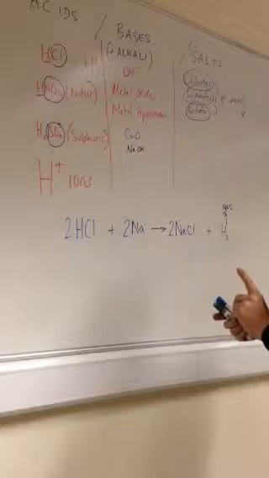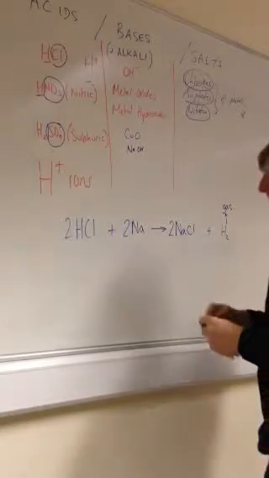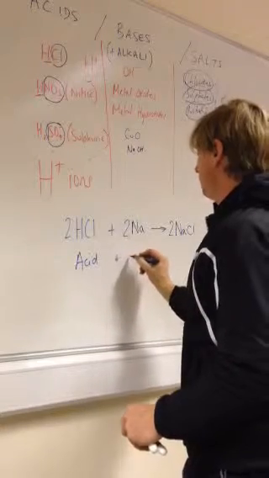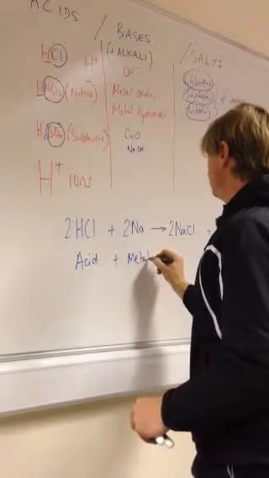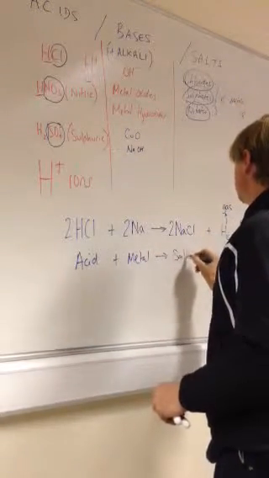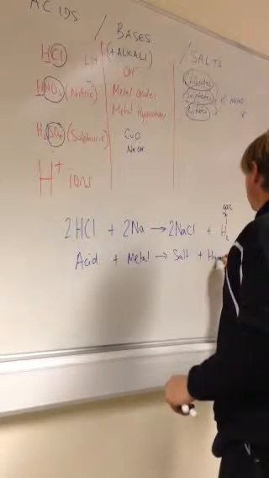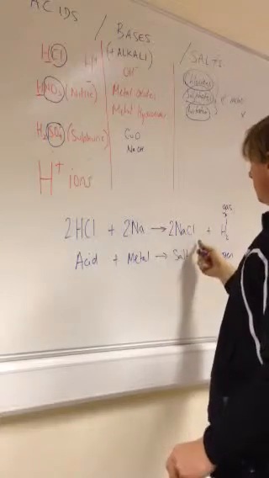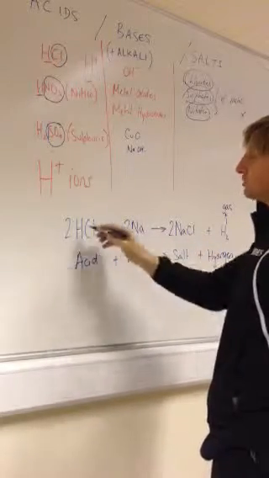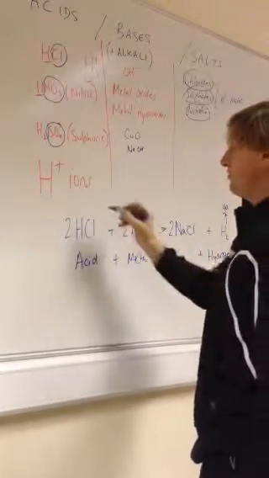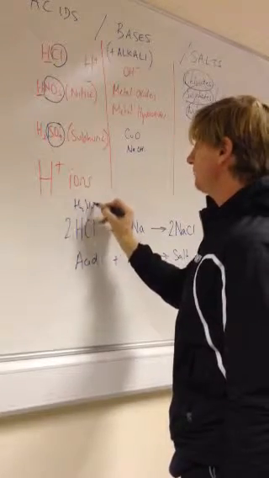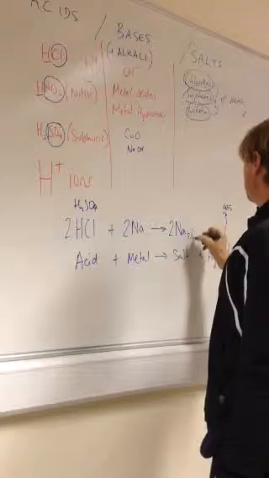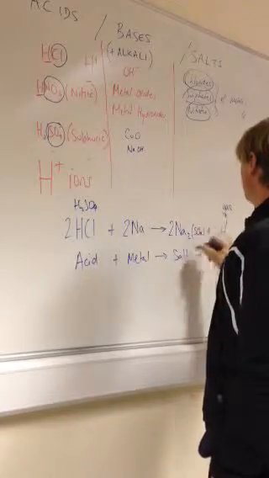So, just to recap, acid, and it could be any of these acids, plus metal goes to salt plus hydrogen. Here, the salt being made is a chloride because it's hydrochloric acid. If we were to use H2SO4, it would go to a sulfate, which would be Na2SO4.